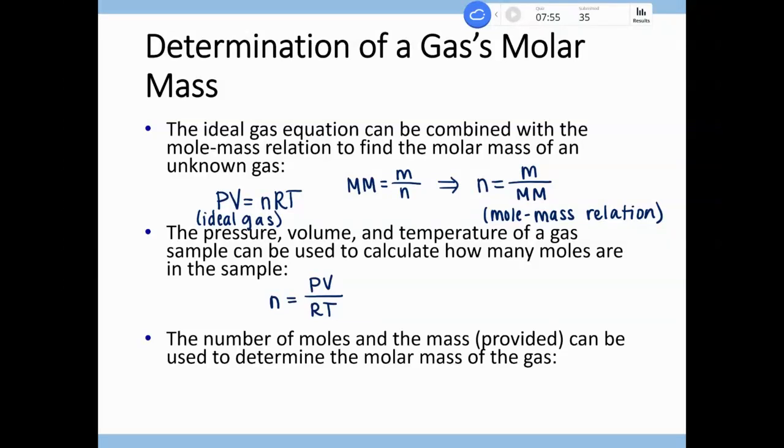So moles of gas is equal to pressure times volume over gas constant times temperature. And if we are provided the amount of mass and we're able to find the amount of moles using the gas law, then we can use both of those values to find molar mass, where molar mass is equal to mass over moles.